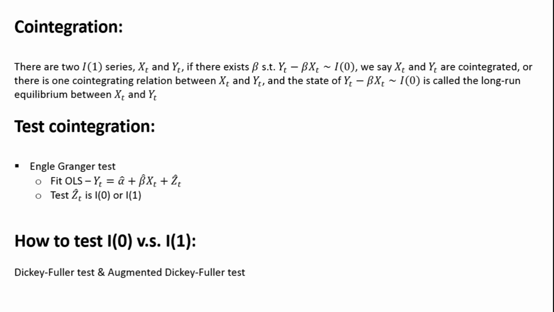Why do we run a cointegration test? The method of Engle and Granger is as follows: we fit yt as a linear function of xt with ordinary least squares, and we test whether or not the residual of this linear regression is stationary or integrated of order 1.